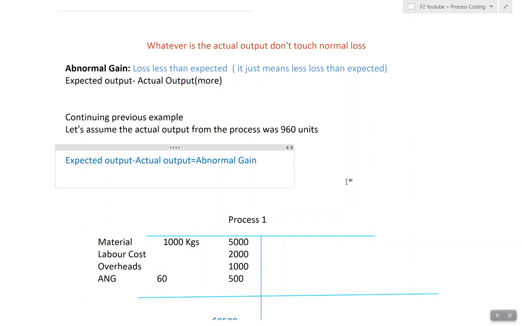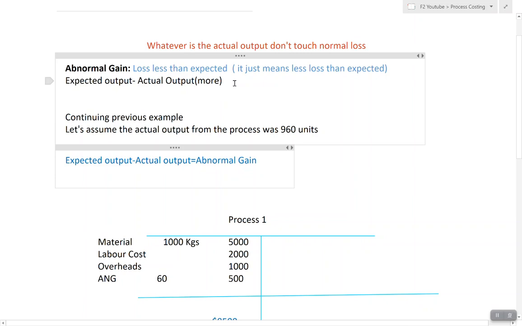Gain simply means that our loss was less than expected. So abnormal loss was when output was less than expected output. Abnormal gain is when output is more than expected output. So abnormal gain simply means that the actual loss is less than what we expected.